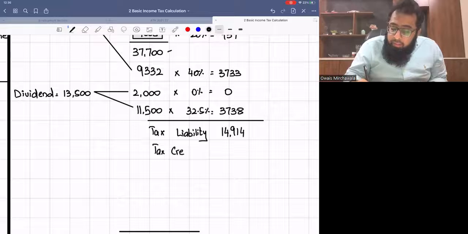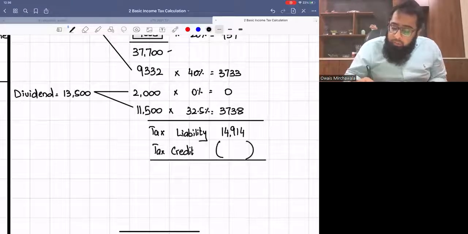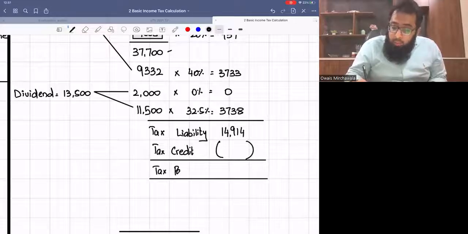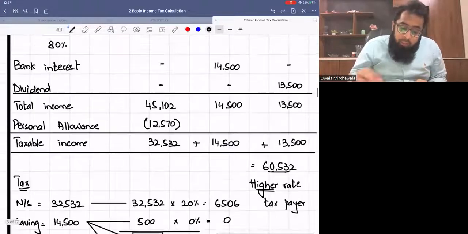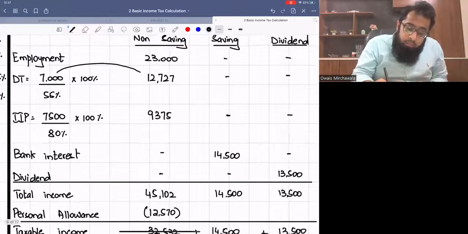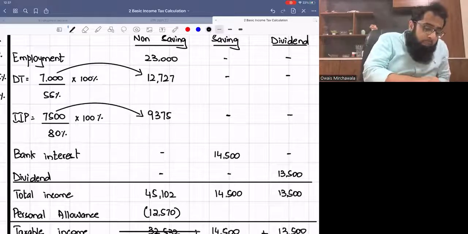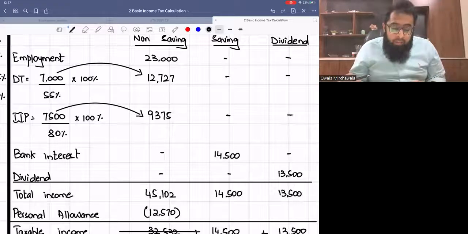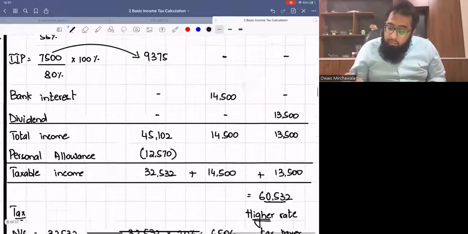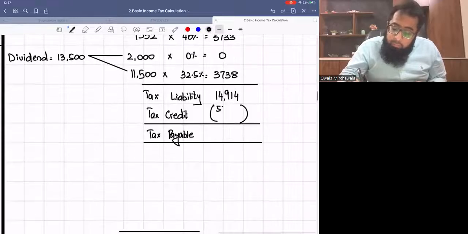We will deduct tax credit from it to arrive at the value of tax payable. Now, what were the credits? In discretionary trust and in IIP. So 9375 minus 7500, so this was 1875, and above one was 5727.